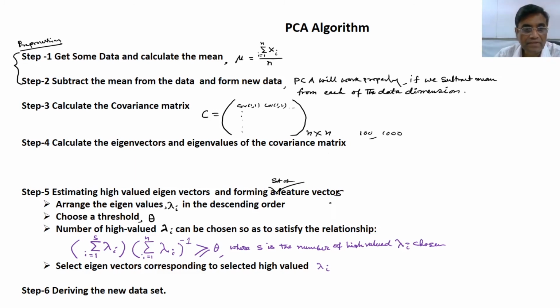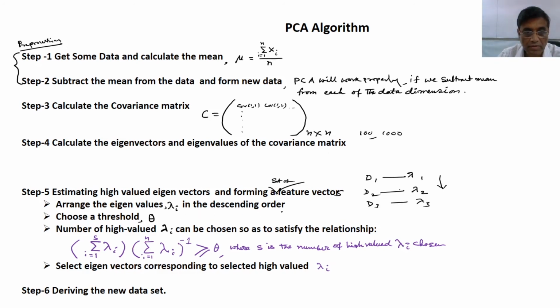And how do you form the set of feature vectors? You arrange all the eigenvalues, say lambda i, in descending order. Lambda 1 coupled with eigenvector 1, this is dimension 1, and so on. All this you just arrange in descending order.